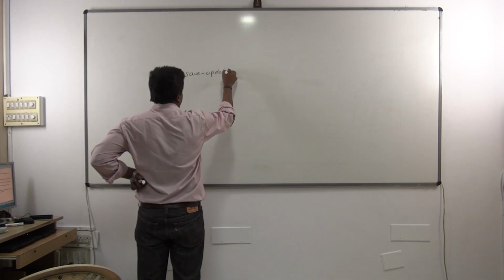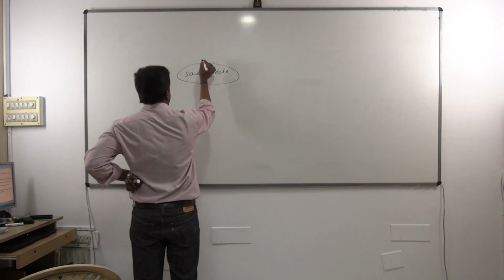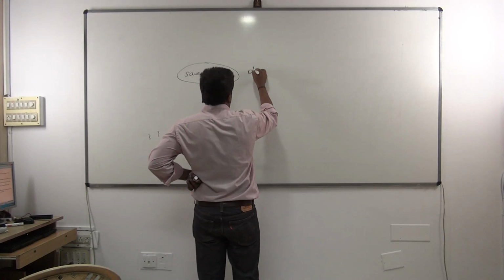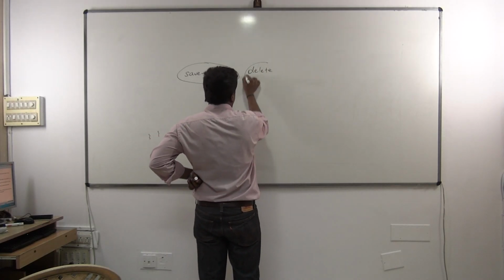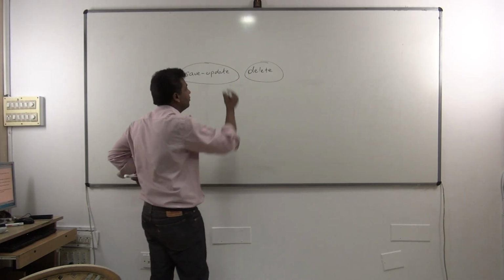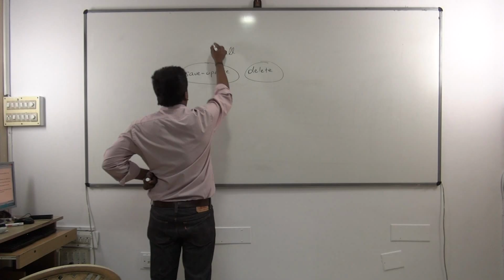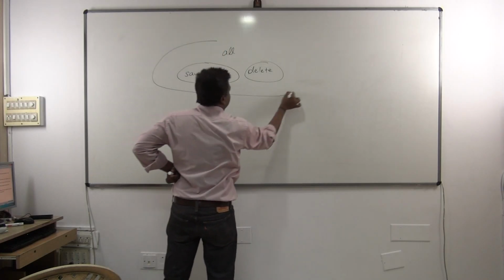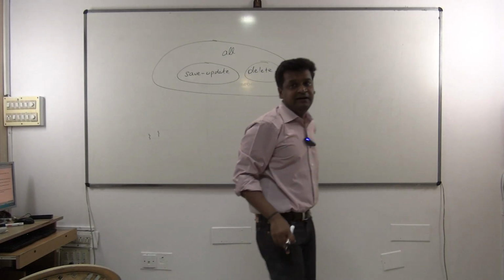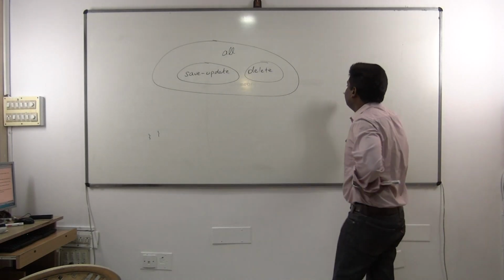You have got save update now. This diagram you understand now. You got save update and you got delete. If you want both of these supported, what will you do? You can go for all. That's it. So all is including what? Save, update and delete. Fine. Then one more you are having.